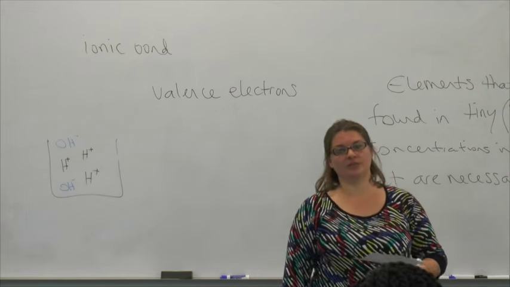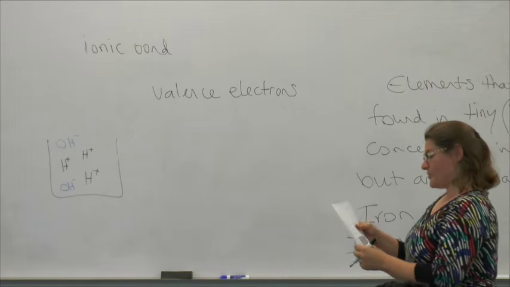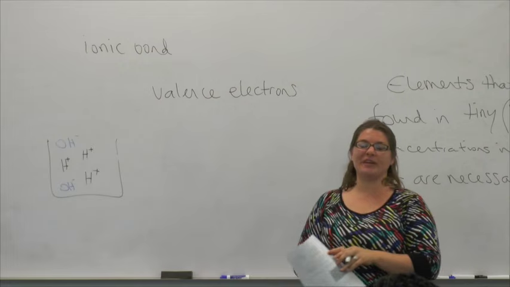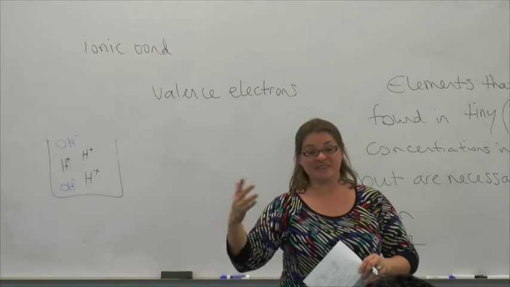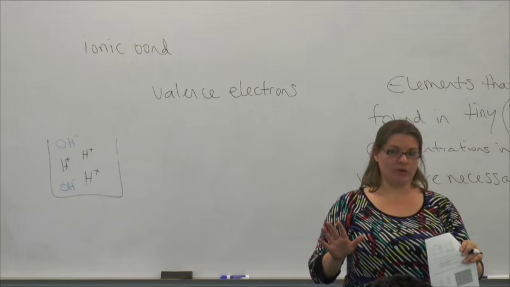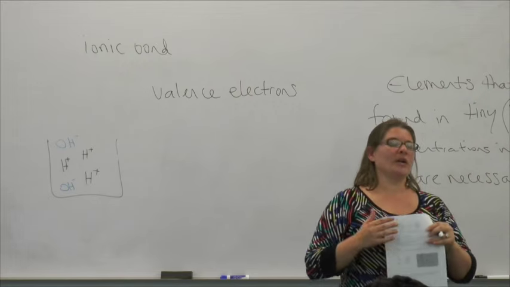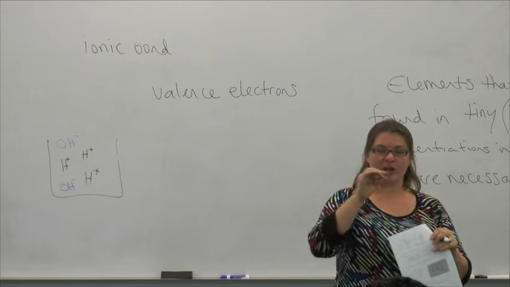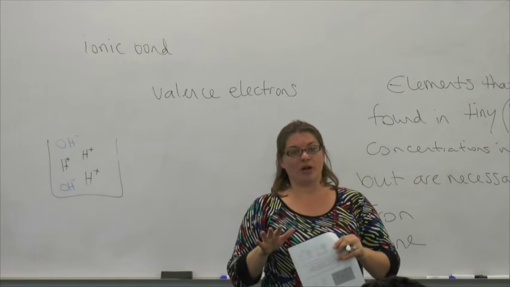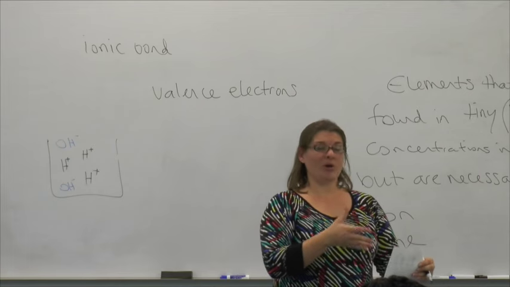Yes? Can you explain number 7 in the ionic bonding? Yeah. So basically, ionic bonding happens if an atom loses or gains an electron. Okay? So there's no sharing going on, because that's another kind of bond, right? Covalent bonds are sharing electrons. An ionic bond happens when one atom gives an electron to another. So the atom that loses the electron loses a negative charge, so it becomes more positive. We call that a cation.